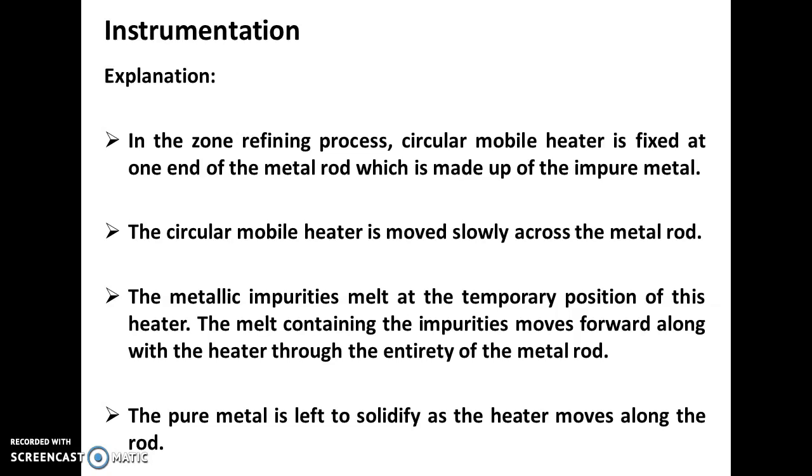The metallic impurities melt at the temporary position of the heater. The melt containing impurities moves forward along with the heater, and the pure metal is left to solidify as the heater moves along the rod.